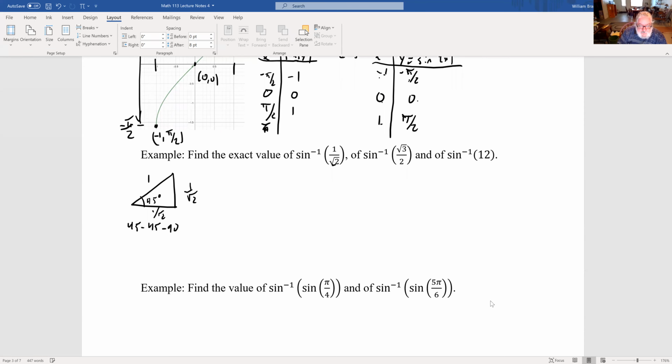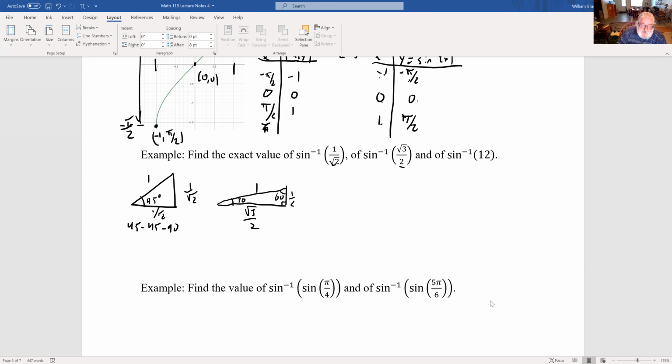So whenever you see 1 over root 2, you've got to think 45, 45, 90. The other basic triangle is 30, 60, 90. That's the small angle, so that's the 30. This is the 60, right angle in the corner. Hypotenuse is 1. Short side is 1/2. Long side is root 3 over 2. So whenever you see root 3 over 2, think 30, 60, 90.